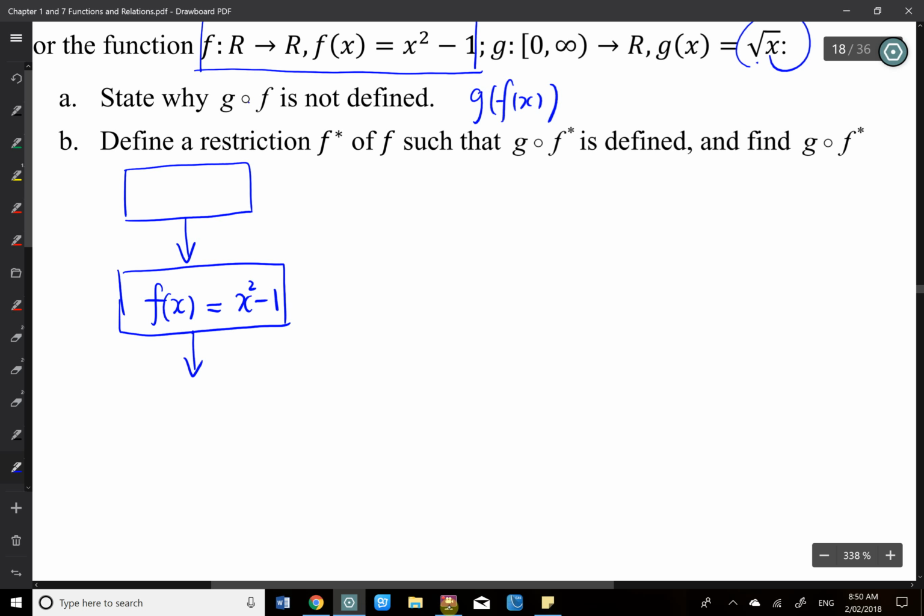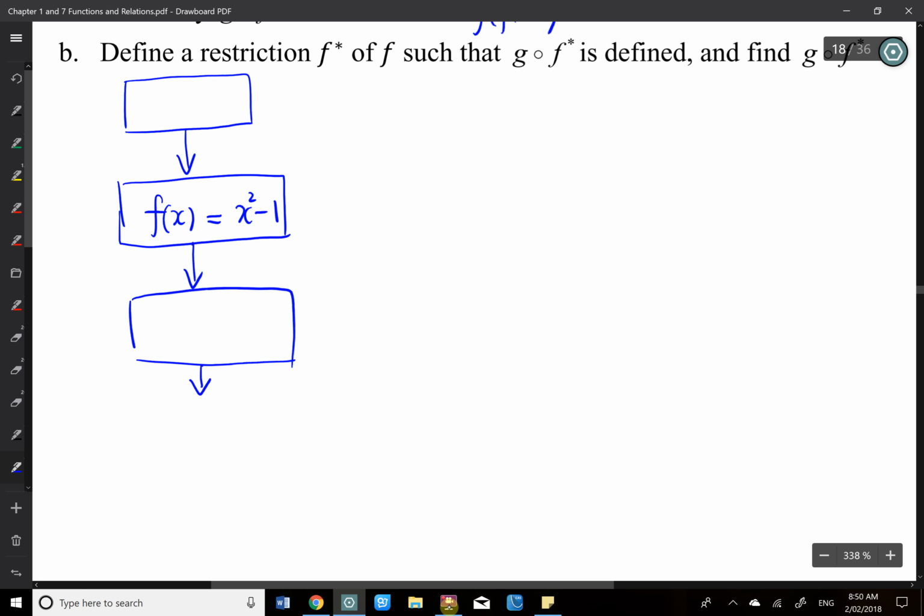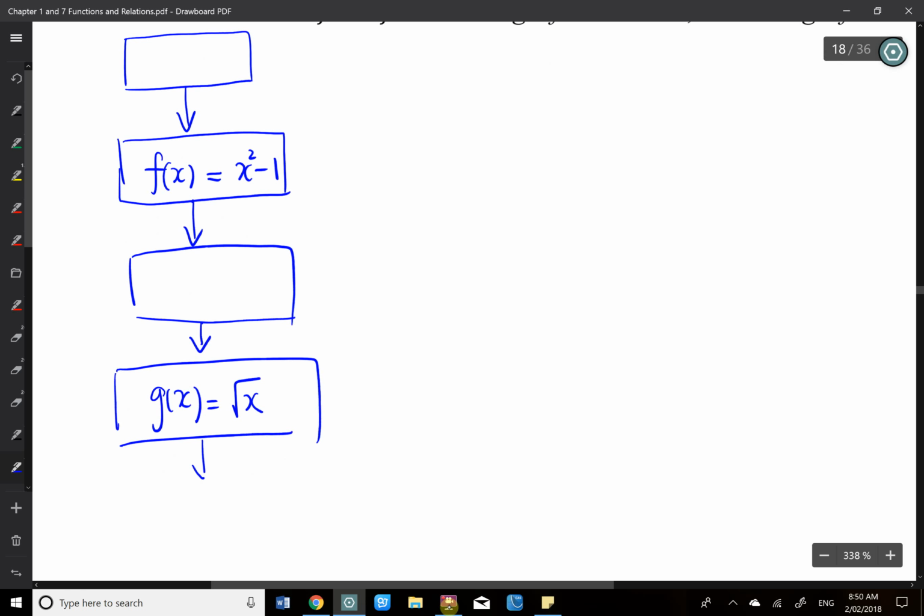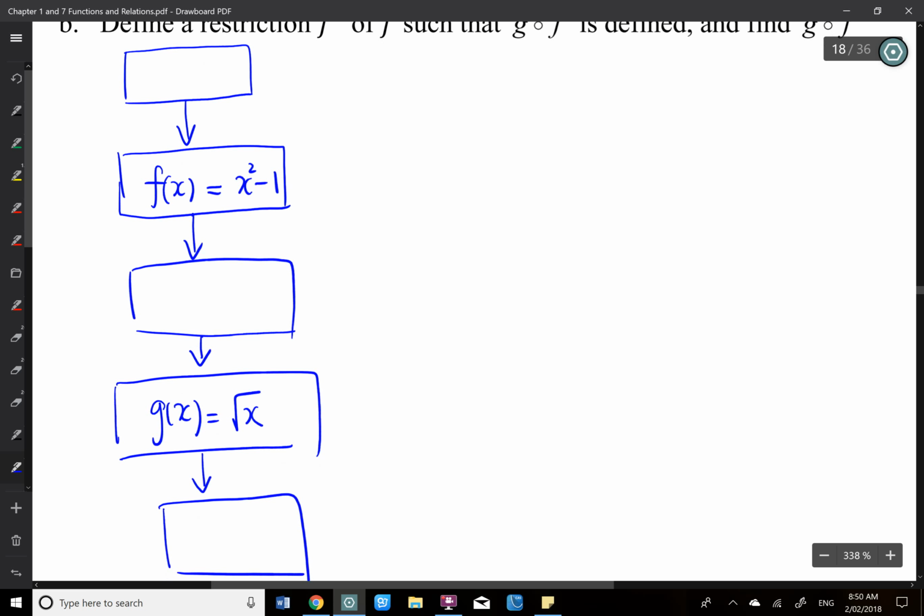I will get something out. I want to further put that into the box g(x), the outside function. That's square root x. And then I will finally get some other things out. That's my flowchart. So the domain here is R, but the domain here is 0 to infinity.